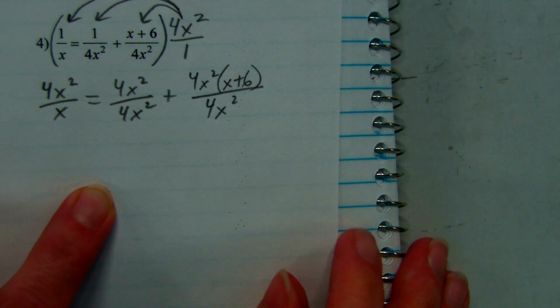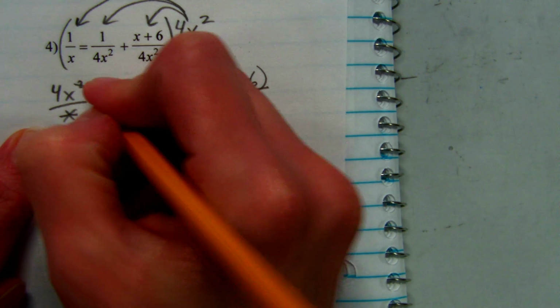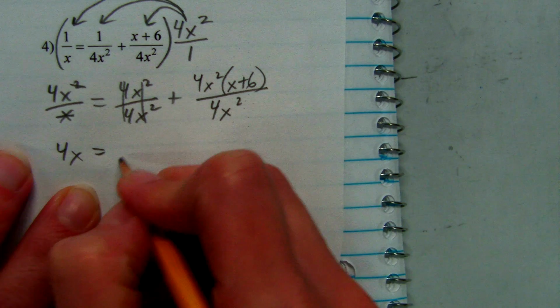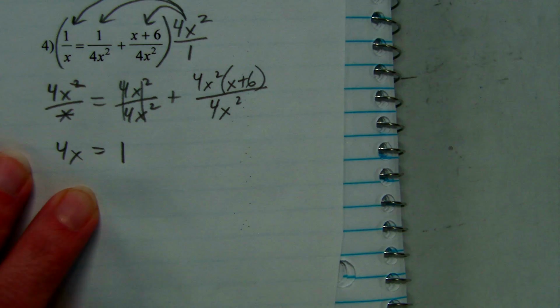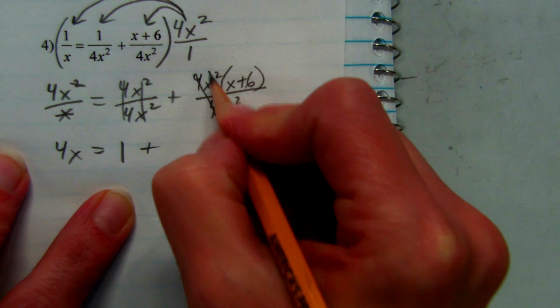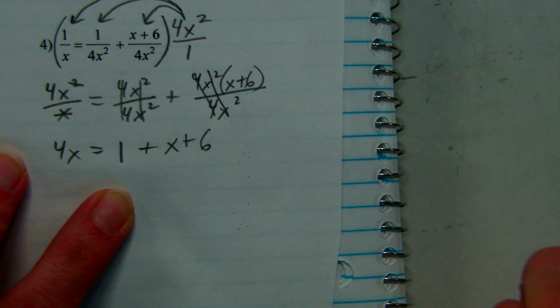anything. All right, so 4x squared over x, this x will cancel one of those, we'll get 4x. Over here, everything cancels, that gives me 1. It's never 0, there's always going to be something there. And then over here, the 4's and the x squareds cancel and leave me with x plus 6.